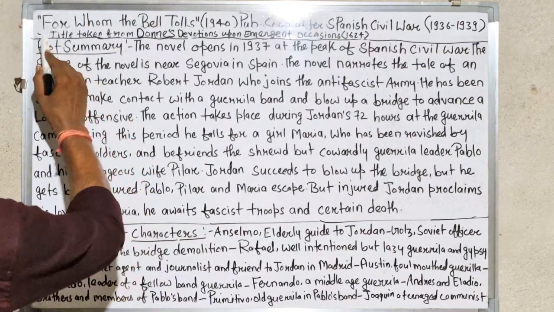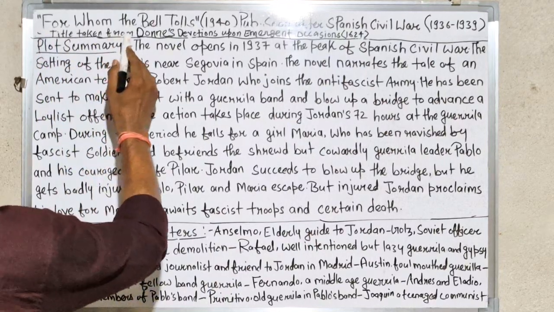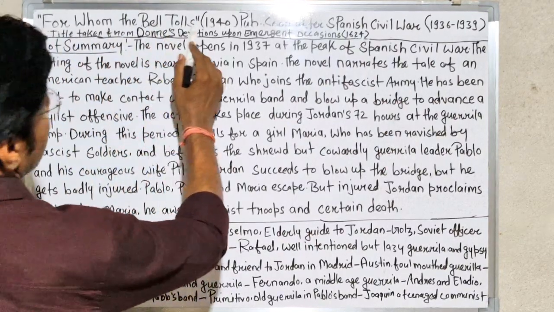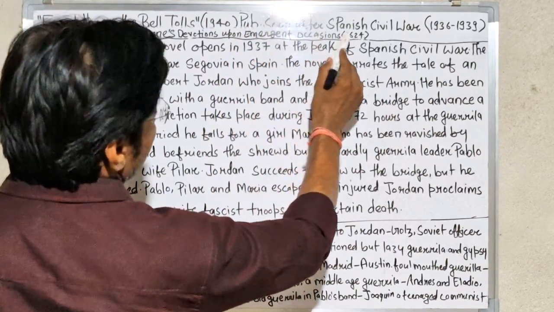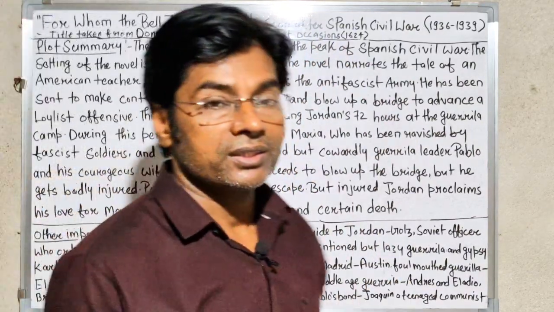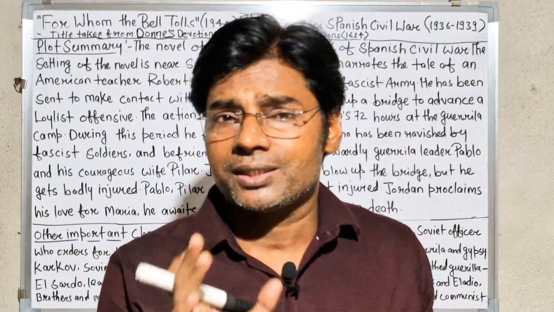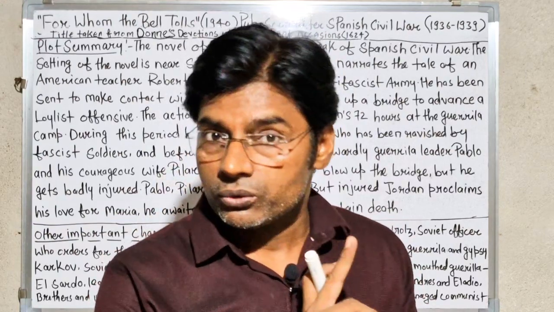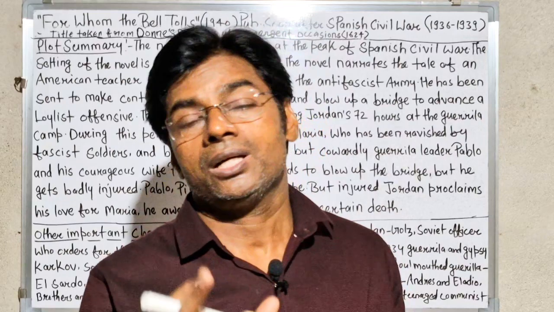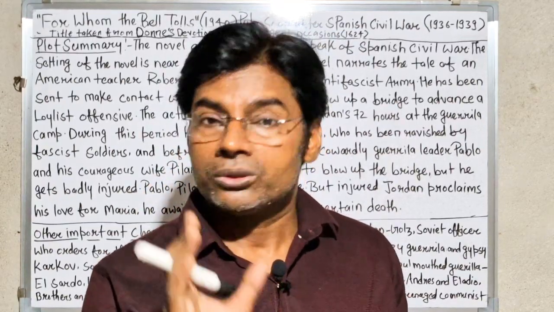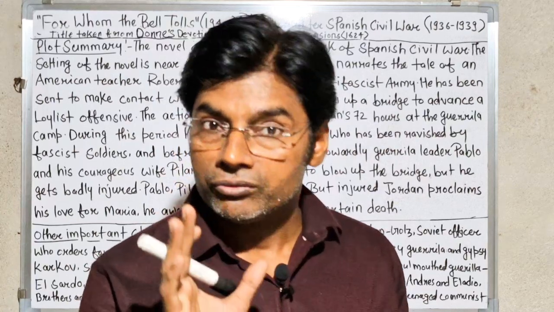Remember this, the title, For Whom the Bell Tolls, is taken from John Donne's Devotions upon Emergent Occasions that he wrote in the year 1624. These facts are very important. He took the title from John Donne's Devotions upon Emergent Occasions in the year 1624.